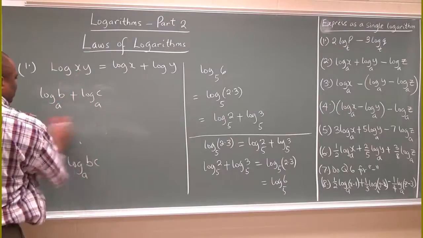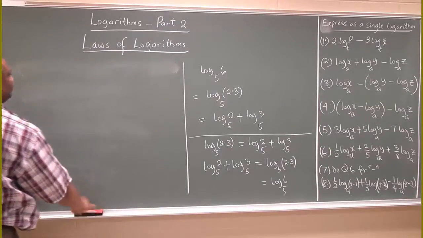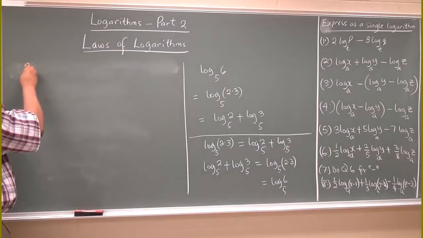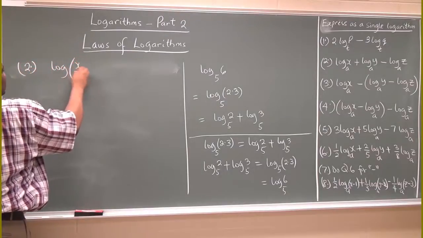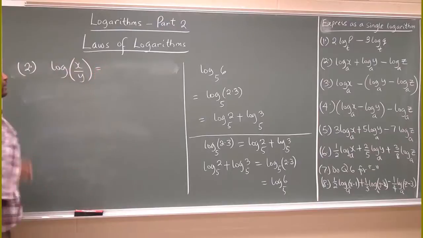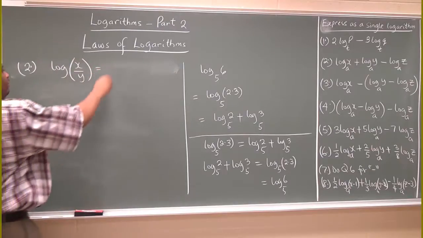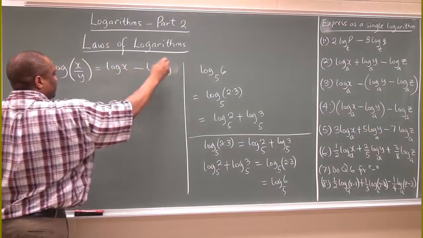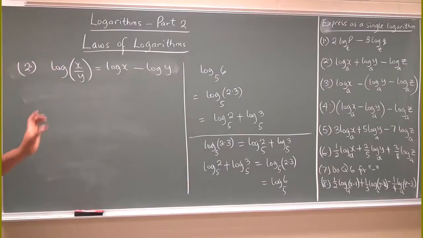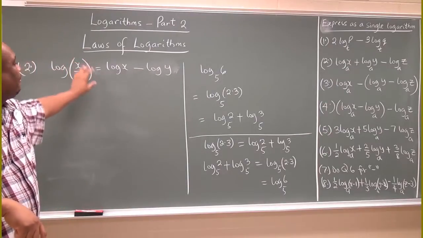Alright, the second law of logarithm. Let's look at log of a quotient. If we have log x over y, x divided by y, this will now give you the difference, log x minus log y, the difference of the log of the individual elements.